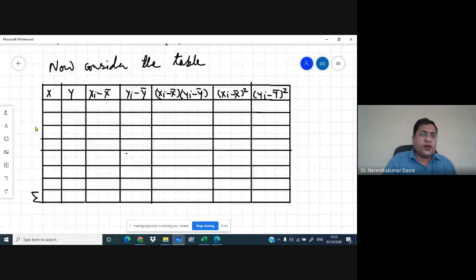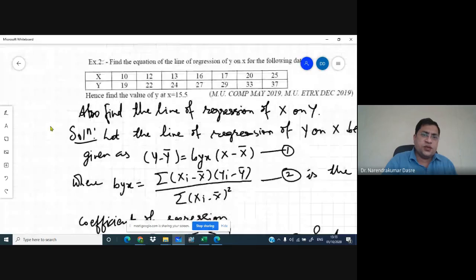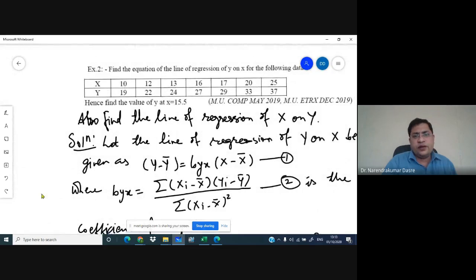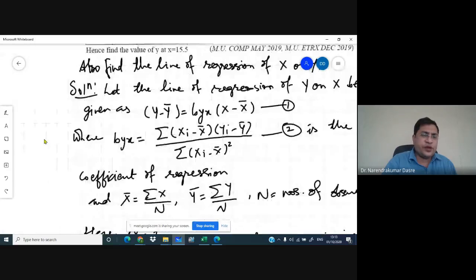Now see what observations are given to us. For x we have 10, 12, 13, 16, 17, 20, 25.